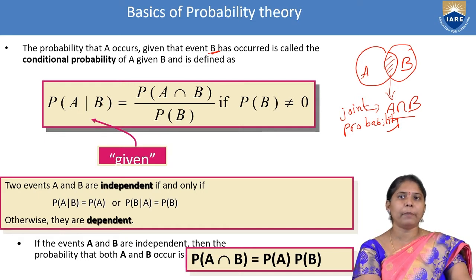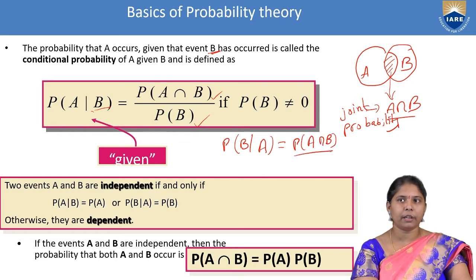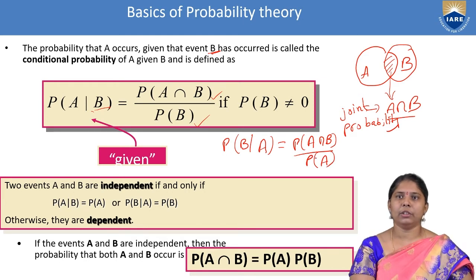So event A depends on event B. This is defined as the joint probability, probability of A intersection B, divided by probability of B. Similarly, the dependency of B on event A is the joint probability of A intersection B divided by probability of A. So this is conditional probability.